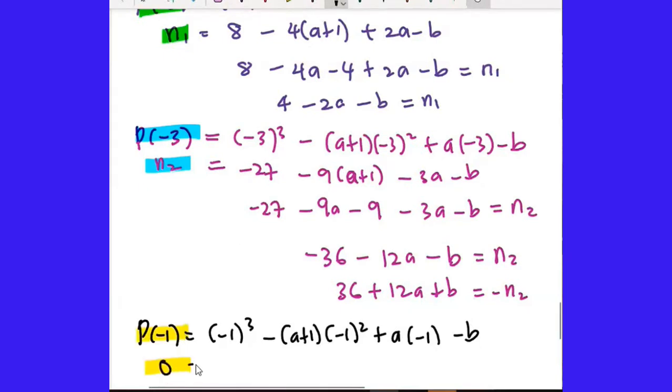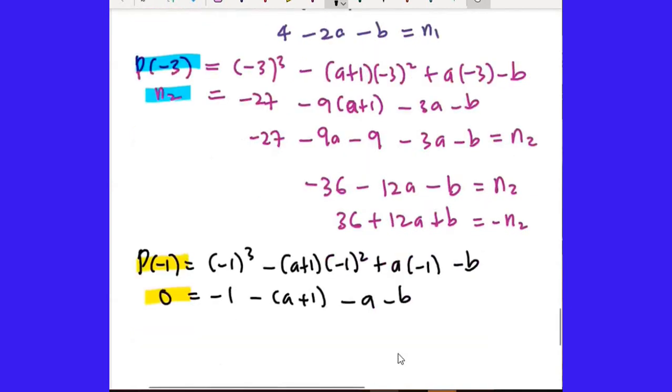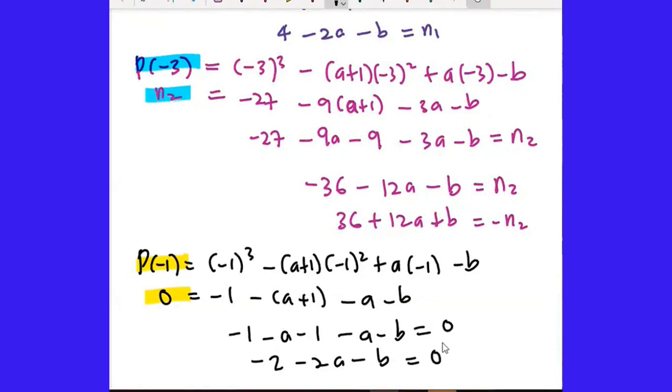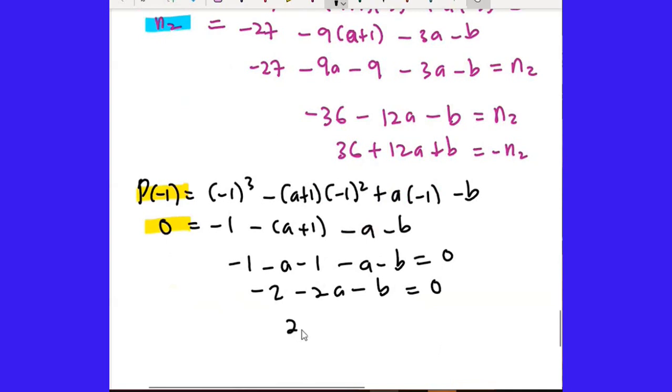Just 0. Okay, so negative 1 minus A plus 1 minus A minus B. So we simplify, negative 1, we skip steps. Is equal to 0. Negative 2A, negative 2 minus B is equal to 0. Or 2 plus 2A plus B is equal to 0.